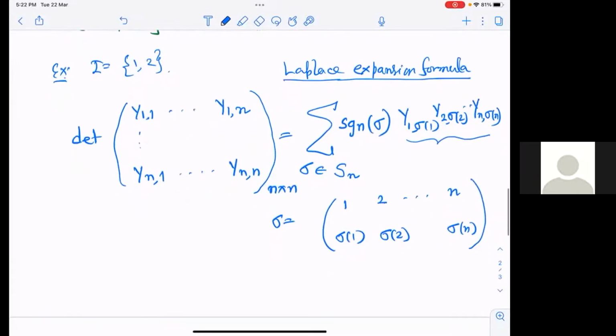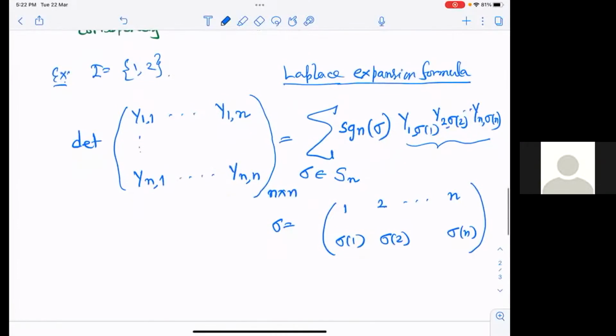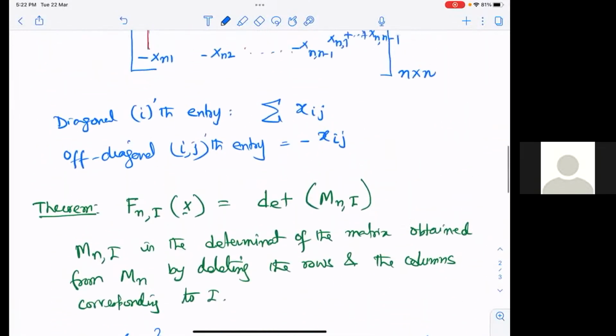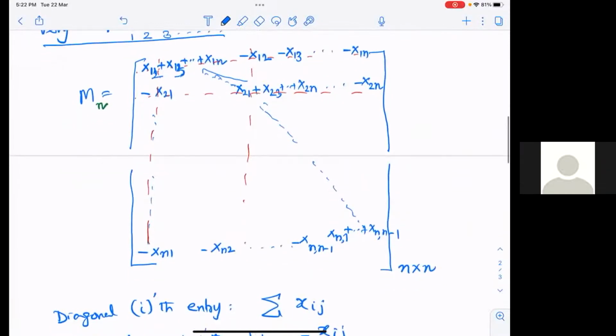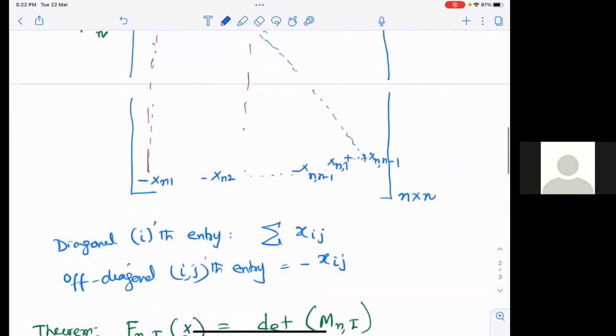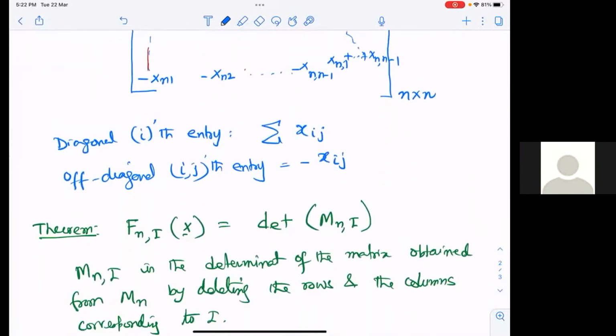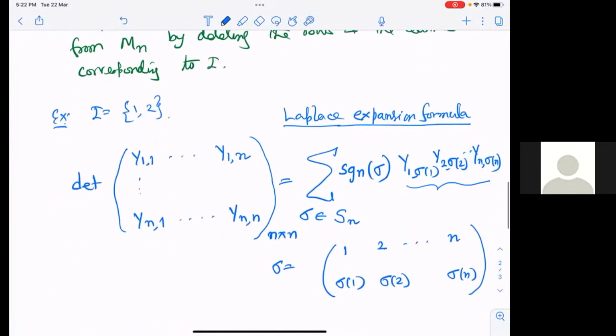You can easily verify this by taking a 2 cross 2 determinant. This is known as the Laplace expansion formula. So that means if I give you a symbolic matrix which has variables and their mixtures, when I write the determinant of M, what I mean is that you expand it using this Laplace expansion formula.